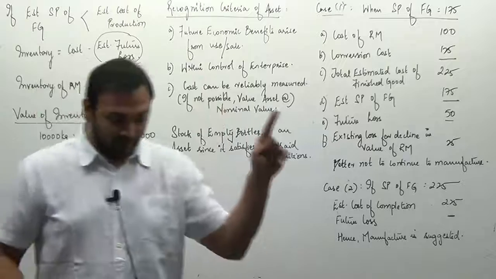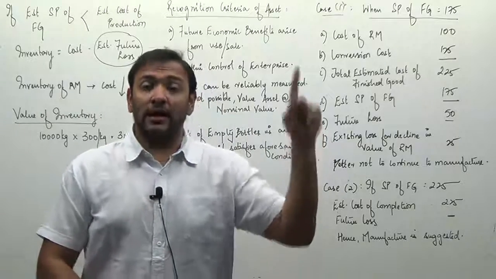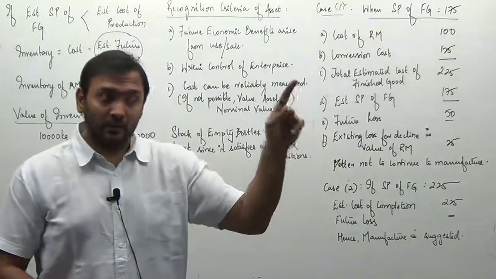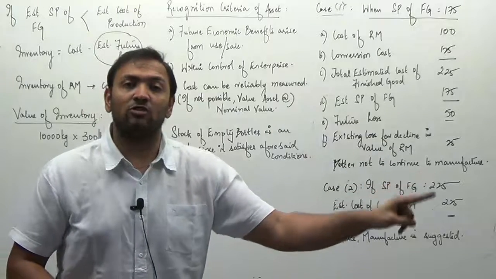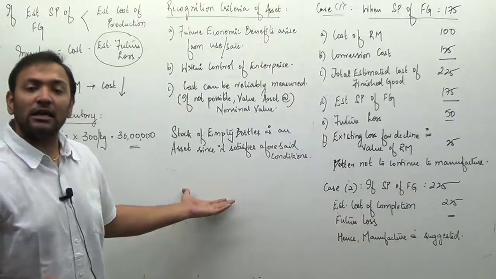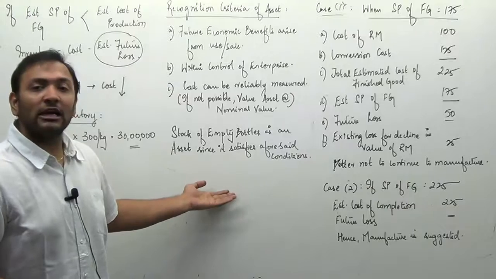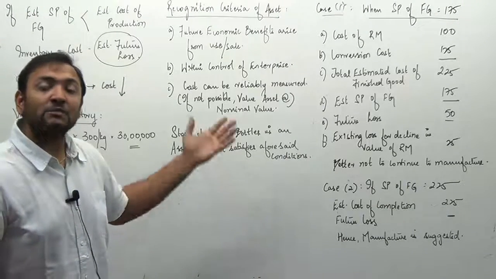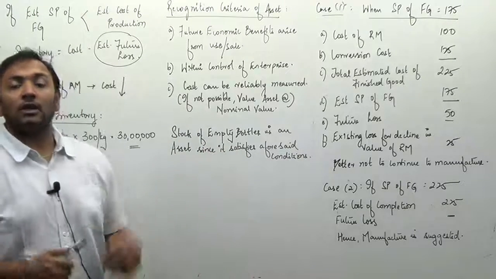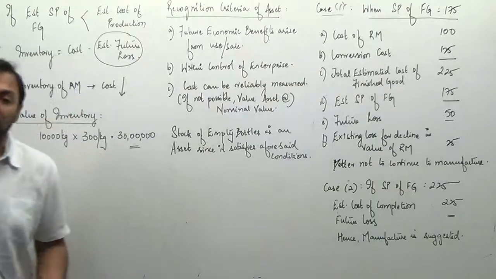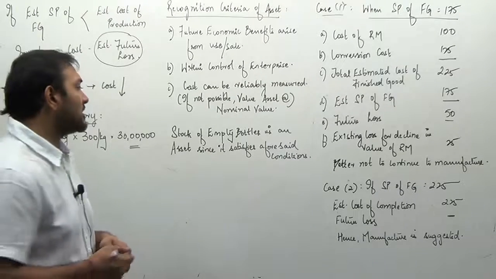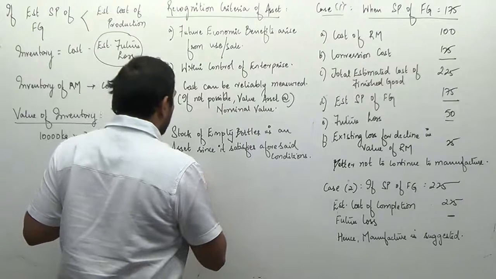Inventory definition: what did it say? First part, inventory is an asset held for sale in the ordinary course of business. It is my ordinary business, because this bottle arises from the normal sale of beer itself. So it is an ordinary business done regularly.